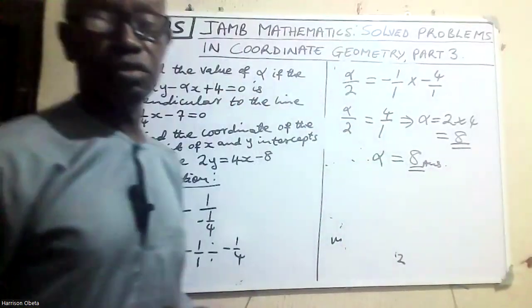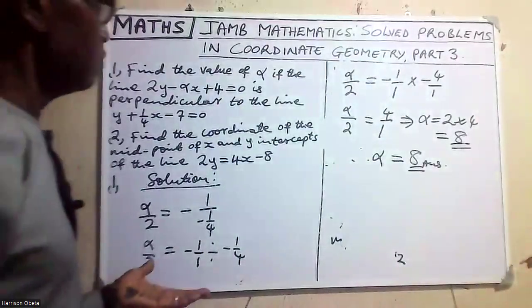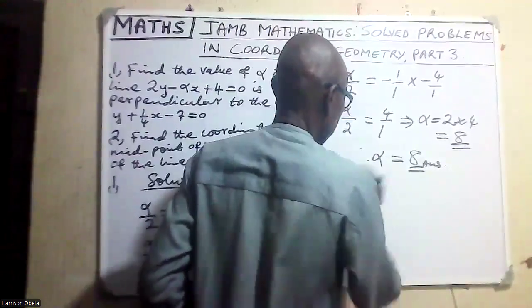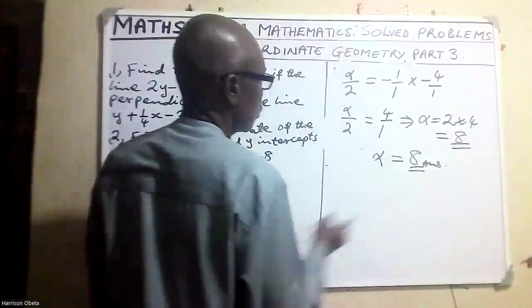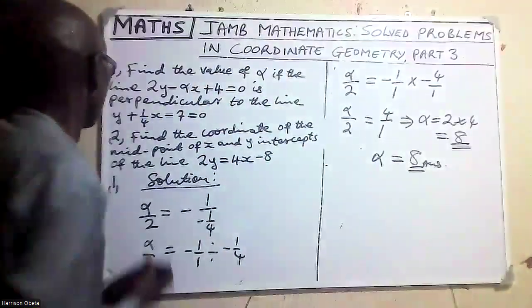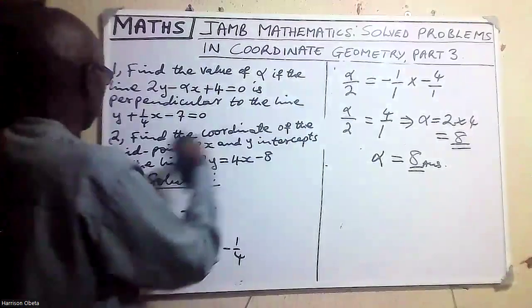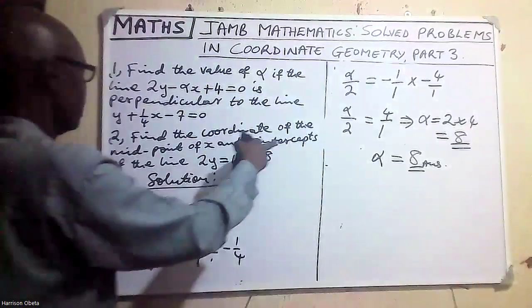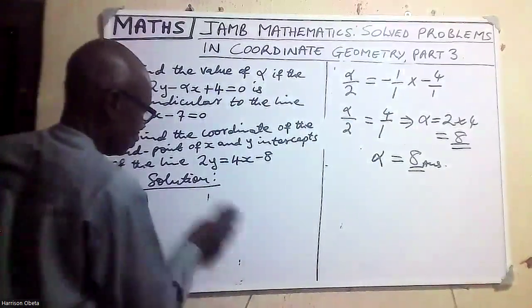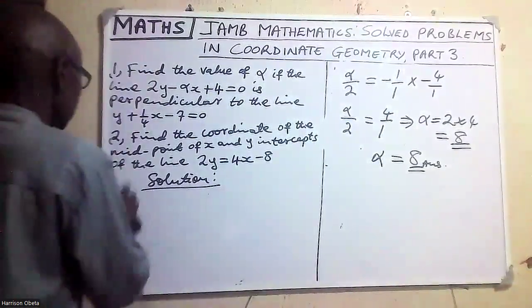So, question number 2 now, we have succeeded in getting the value of alpha. So, go ahead and check question number 2. We are asked to find the coordinates of the midpoint of the x and y intercepts of the line.